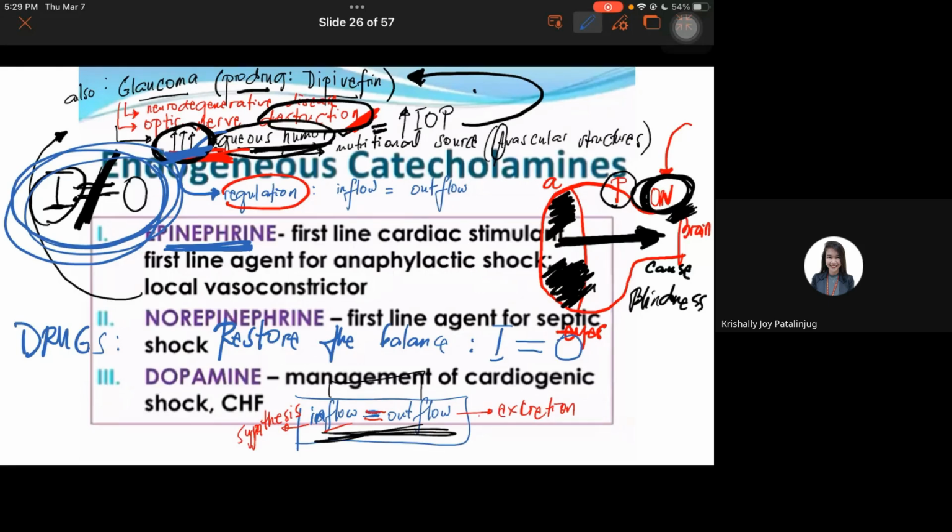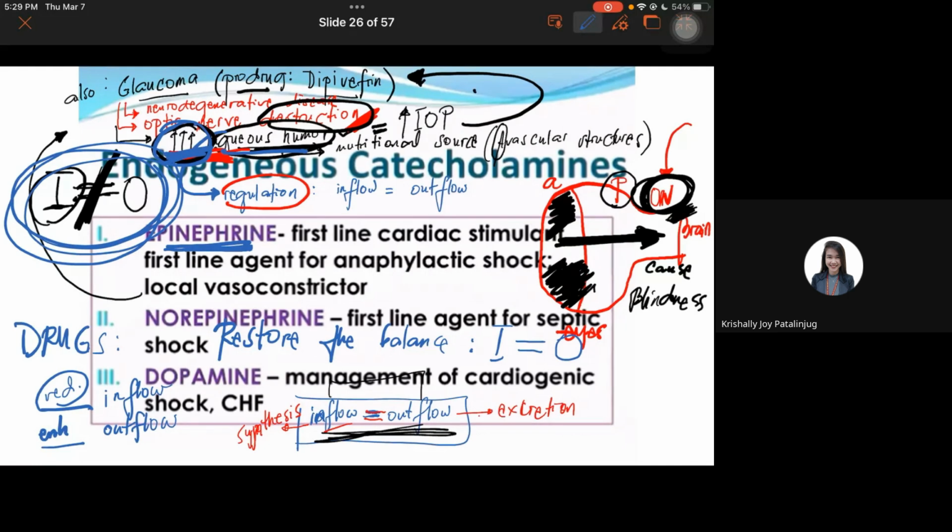So pwedeng ang gamot could reduce the inflow, okay? It could reduce the inflow, or pwede din may mga gamot that could enhance the outflow. Kaya isipin nyo, due to the imbalance, increase yung aqueous humor. So paano natin yan i-restore yung balance?